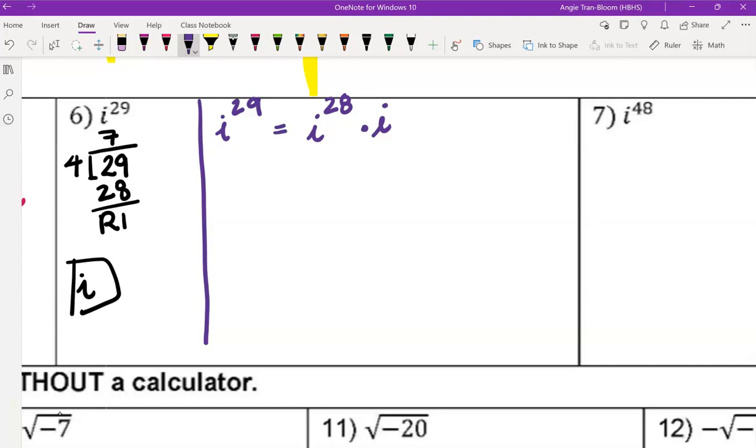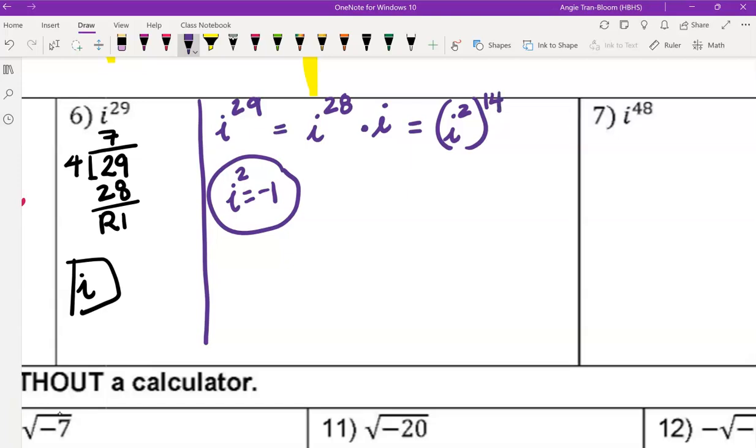All I know, guys, is i squared is -1. i to the 28th is going to give me i squared to the 14th power, because I need 14 pairs of i squared to make a power of 28. That's what it means. And then this is a single i that will stay.